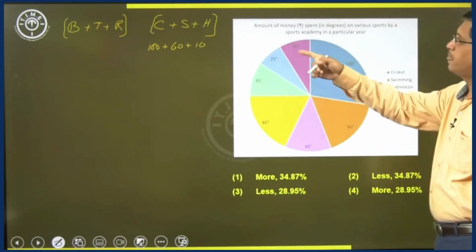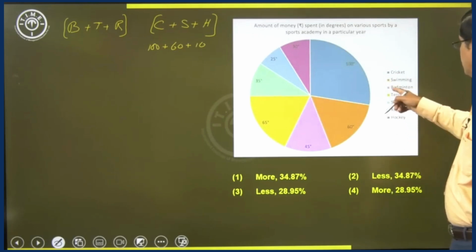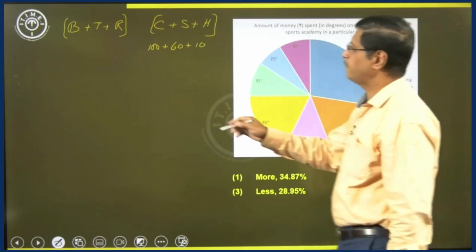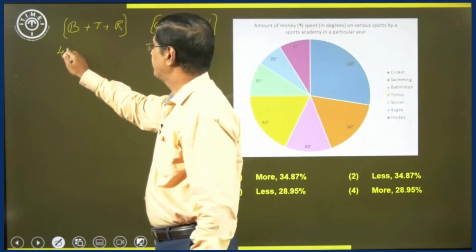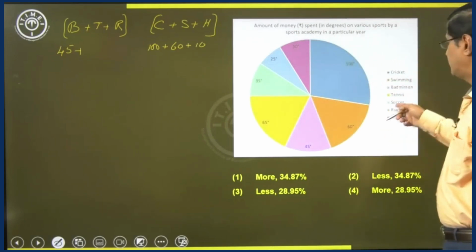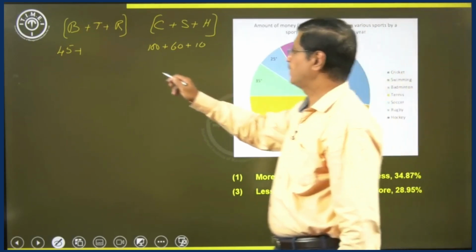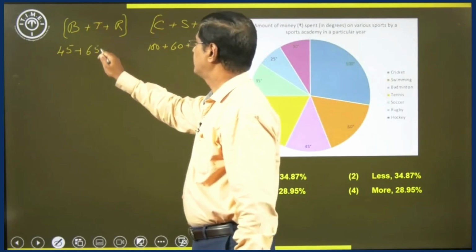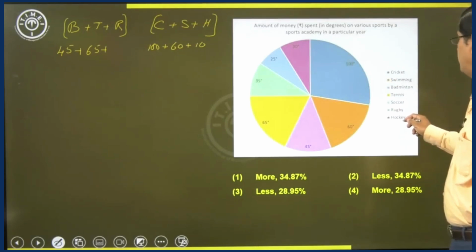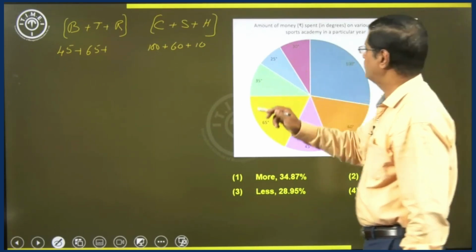The next one, badminton. This is the badminton, 45 degrees. Next, tennis. So what is the tennis here? 65 degrees. What is next? Rugby. So how much is the rugby here? Rugby is equal to 25 degrees.